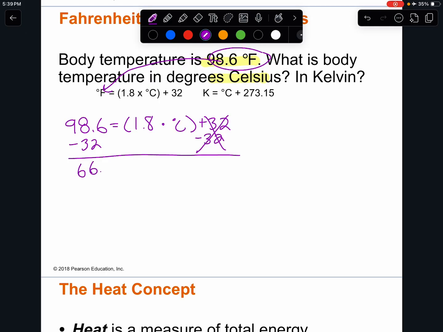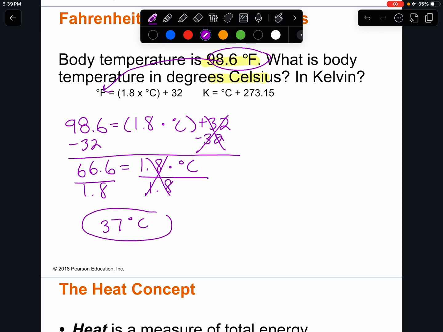I get 66.6. I'm going to go ahead and bring down that 1.8 times degrees Celsius. Now, to get the variable by itself, you have to do the opposite operation. So I'm going to go ahead and divide both sides by 1.8. These cancel out, so I'm left with just 37 degrees Celsius, okay?